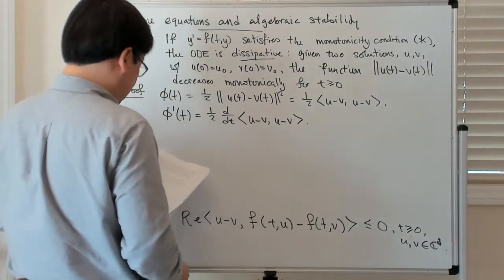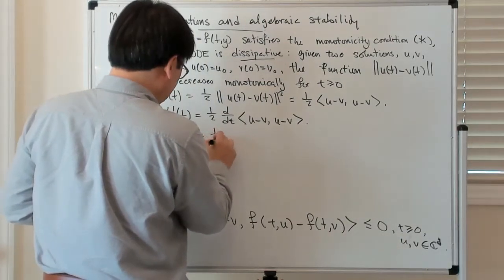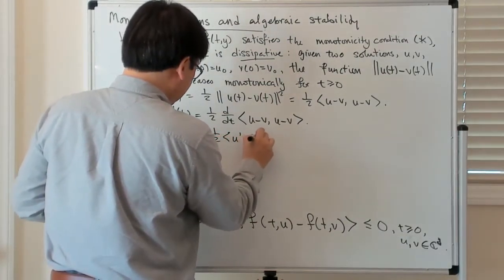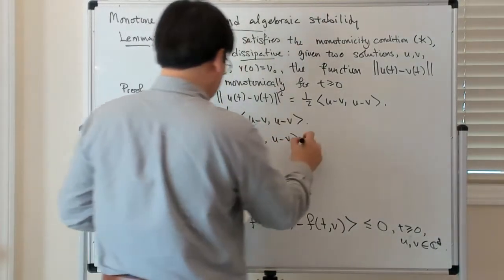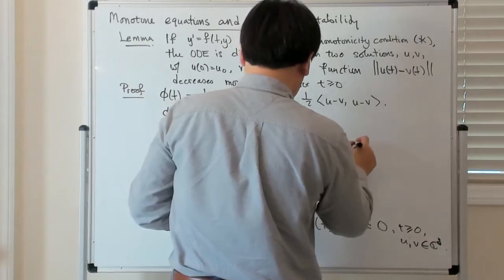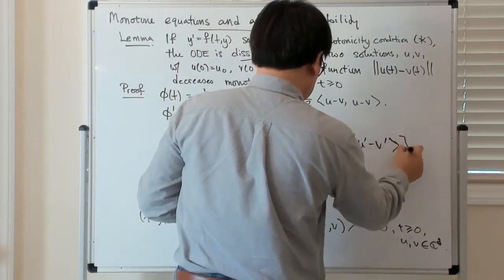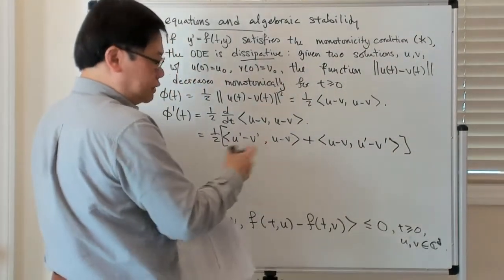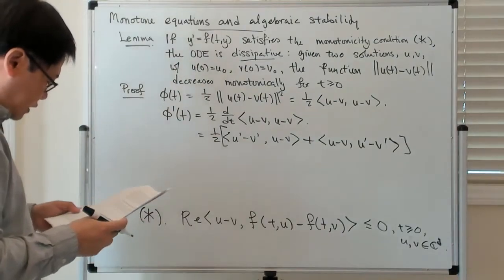And this is just 1/2 of the inner product of u prime minus v prime with u minus v, plus the inner product of u minus v with u prime minus v prime. I should say that these u's and v's all depend on time, so I'm just suppressing that for notational simplicity.